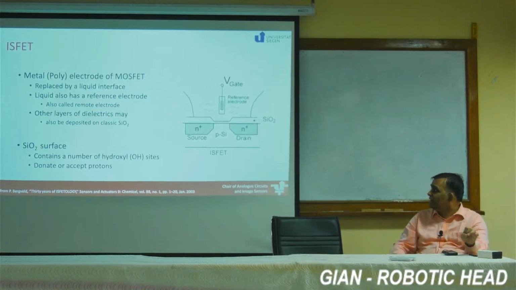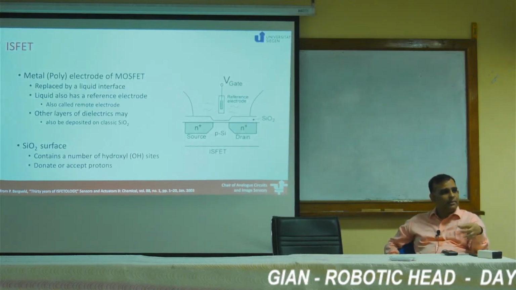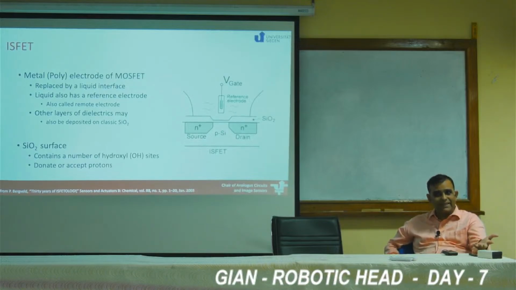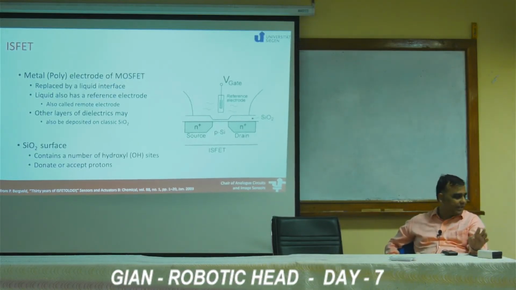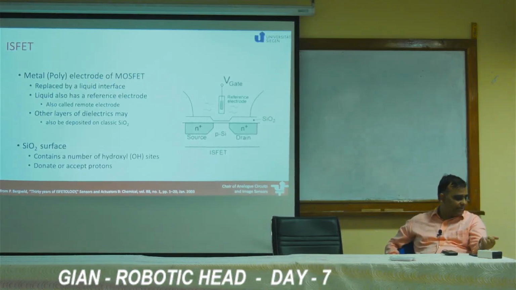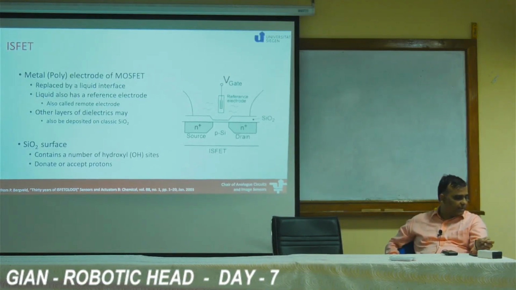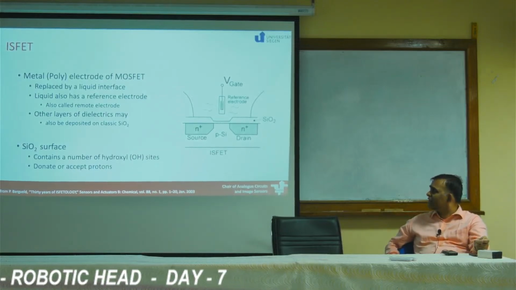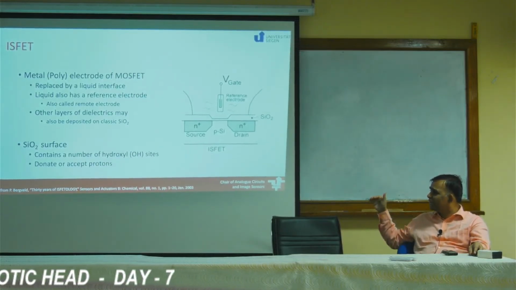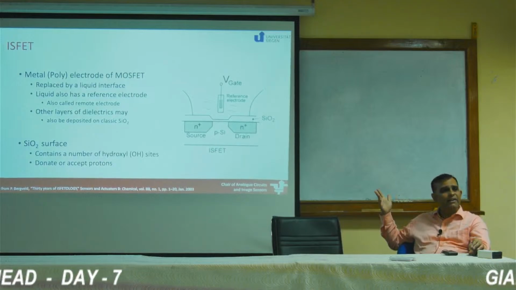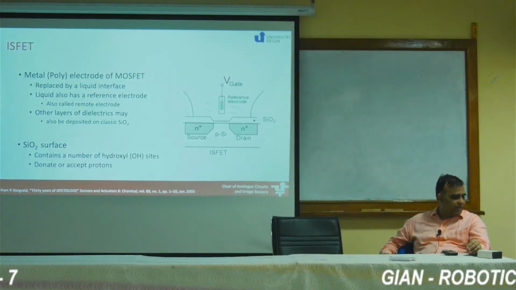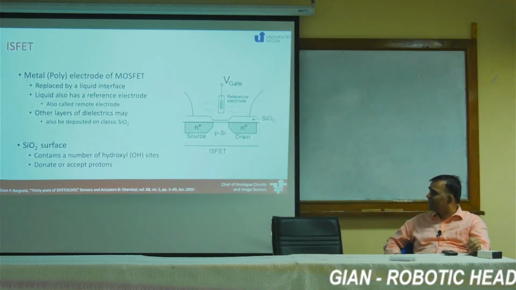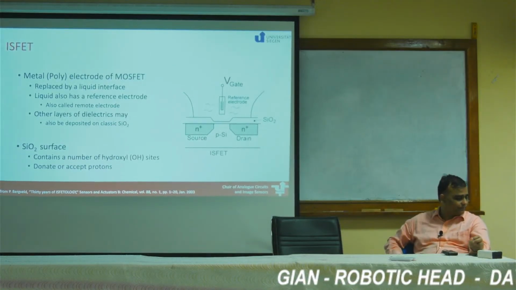So what we have done, we have taken the metal gate or the polysilicon gate away and replaced it with a liquid interface. We have a remote electrode, and to be very frank, rather than just having silicon dioxide, we can also have other types of dielectrics there. Now, the silicon dioxide surface has something very interesting.